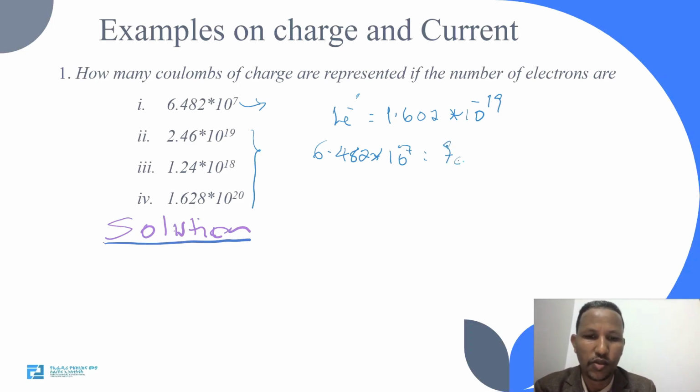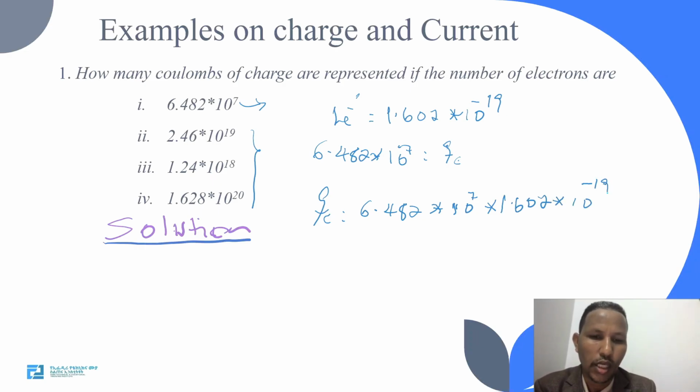Okay, let's say this is Q C. So Q C is equal to 6.482 times 10 raised to 7 times 1.602 times 10 raised to minus 19. This is electrons, this is coulomb per electron, so electron will be cancelled by electron.